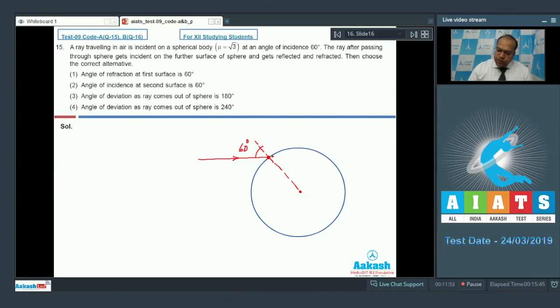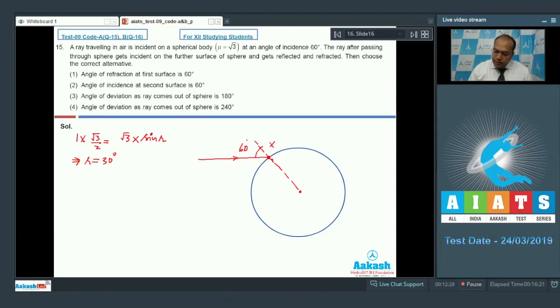So at this point the refraction will occur, and if I apply Snell's law at point x, then 1 into sine 60 degree, that is root 3 by 2, is equal to the refractive index of the spherical body, that is root 3, into sine of the angle of refraction, that is sine r. So if I solve this equation, the value of r comes out to be 30 degree.